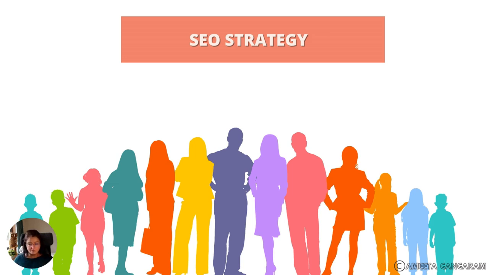So with on-page SEO, the key things that we want to focus on here are keyword research. So when you're looking at the content, for example, on your homepage, you want to make sure that you have the keywords that people are searching for coming up on that page.